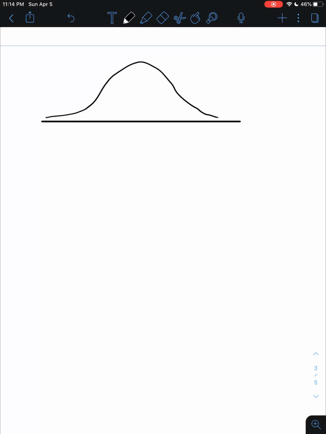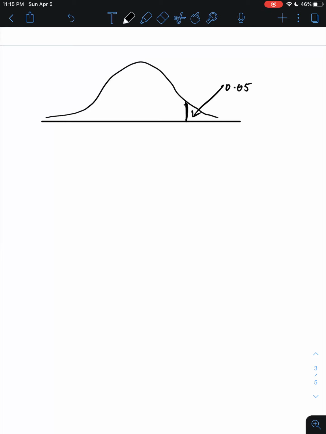Okay, so what are we looking for? We want to find the value of t that has area 0.05 to its right. So we're going to graph that. This is very similar to the questions that we might come up with in Chapter 9 for hypothesis testing, one-tailed hypothesis testing.